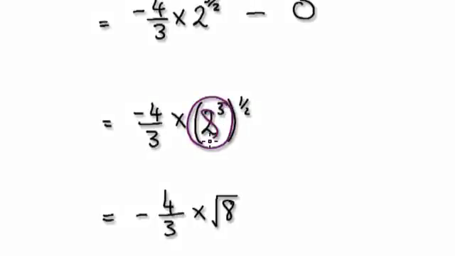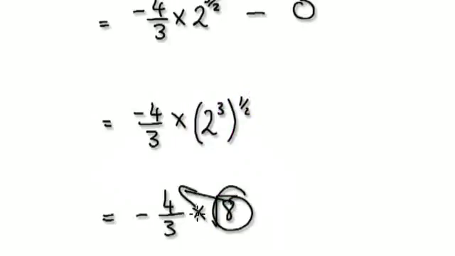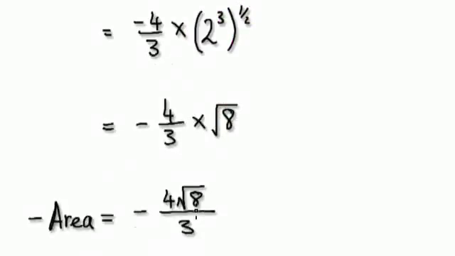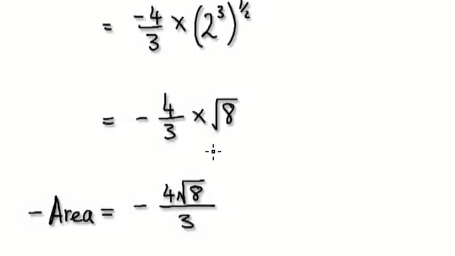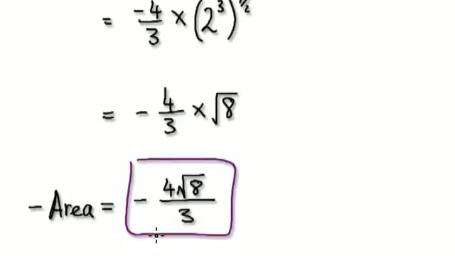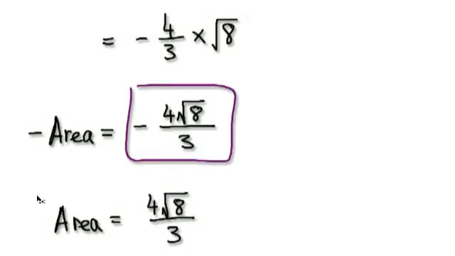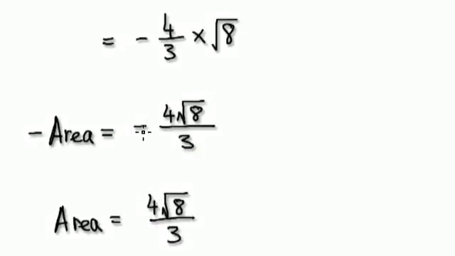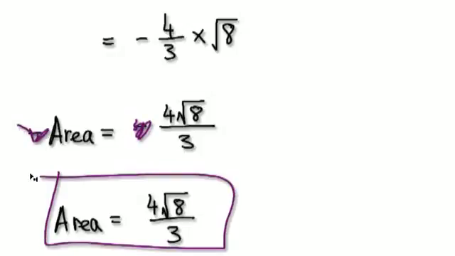This thing here becomes an 8, so this is square root of 8. Then it gets multiplied to the top, and that will give us this. Don't forget when we integrate it, it gave us a negative area. So now times both sides by minus 1. Basically just get rid of this, and then the area equals this.